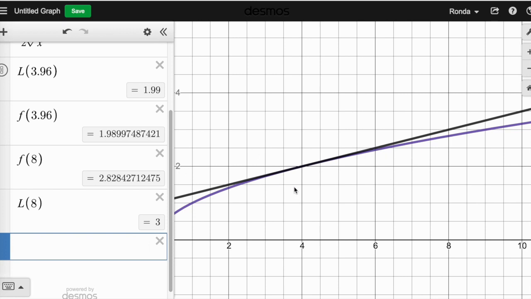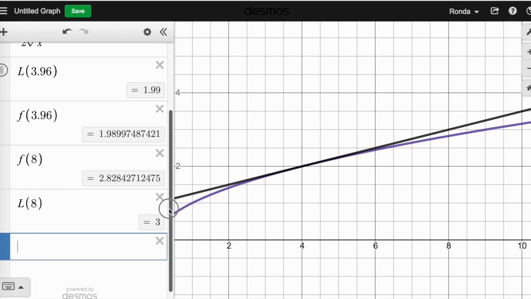So the further that I get away from the 4, the less accurate my tangent line or my linearization will be. So I need to stay right around this 4. It looks pretty solid for maybe 1 unit in each direction, because here would be 3, and then here would be 5. So it's fair. I would stay within 1, maybe even a half, and then it would be great. Okay? All right. So again, why are we doing this?